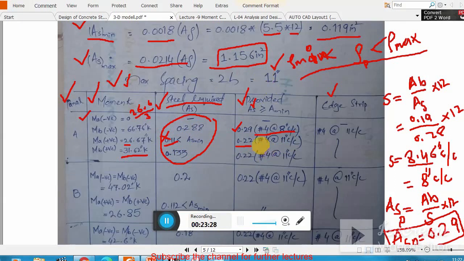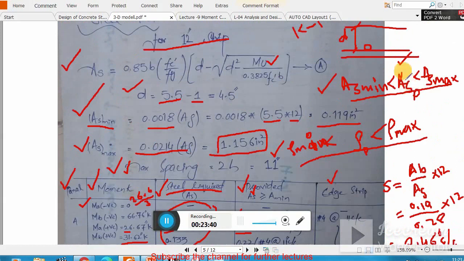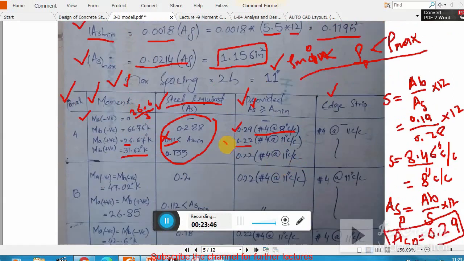So if I use number 4 bar, 11 inches center to center, then my As provided will be 0.22, and then I come back here and check that As provided is greater than As minimum but less than As max. So here I am okay as well.